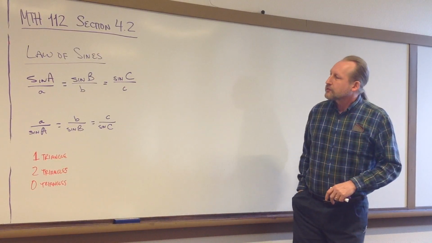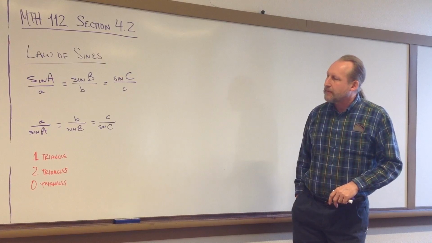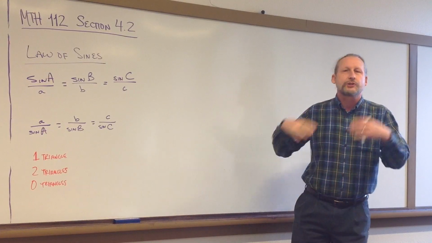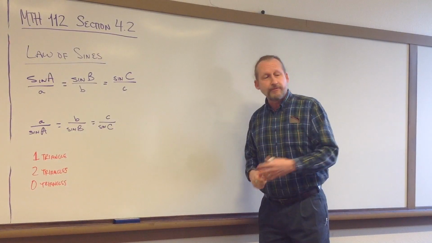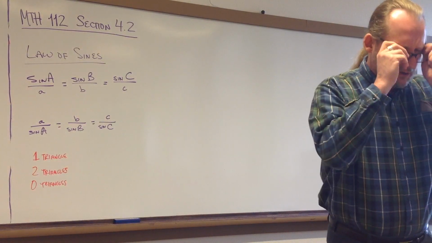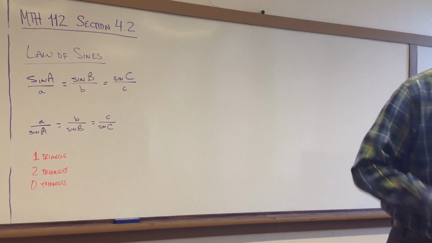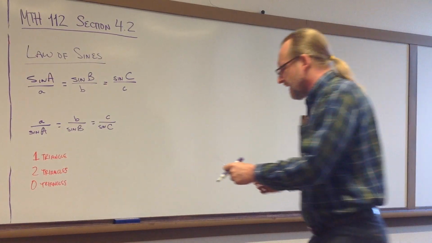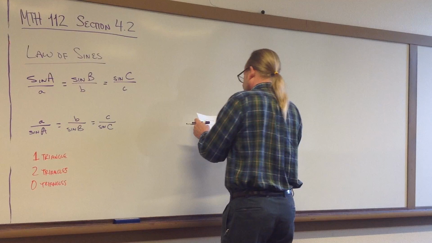I think the best way to approach this is just to look at the three examples that I've done in section 4.2. I won't talk beforehand about how many triangles we're going to end up with. Let's just look at the problem.